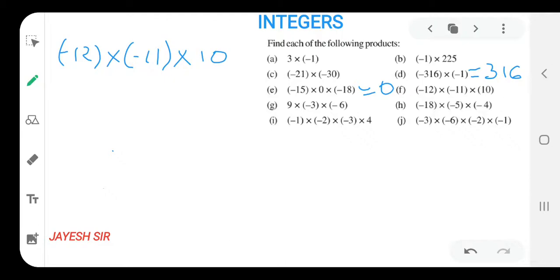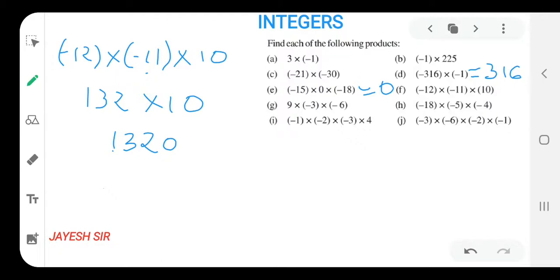And minus minus will result in plus. So 132 multiplied by 10. This is the result for 11 multiplied by 12. 12 elevens are 132, and 132 tens are, we all know, our answer would be 1320. I hope you all might be getting it, friends.